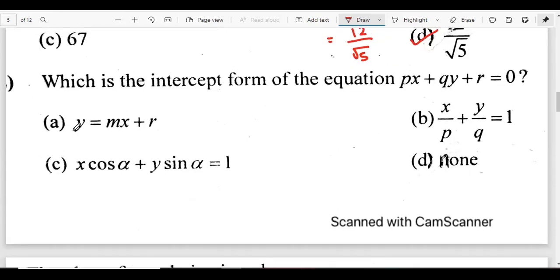Let's see, what do we have? Okay, the next question says, which is the intercept form of this equation? Now, is it y equals mx? Obviously it is not, because this equation is this one. It has p, so this is a, and if I talk about c, no, this is not the answer. Again, we do not have cos and sine, and we don't need to write it in those coordinates.